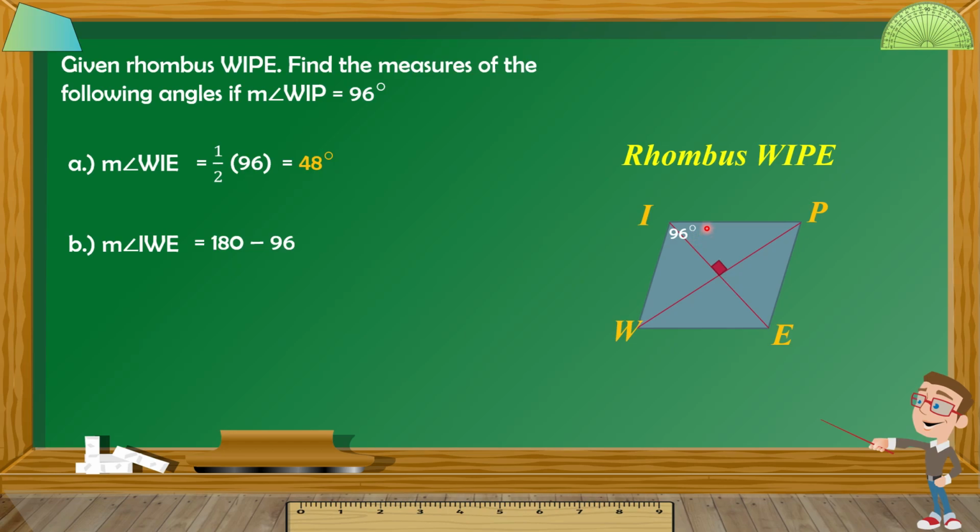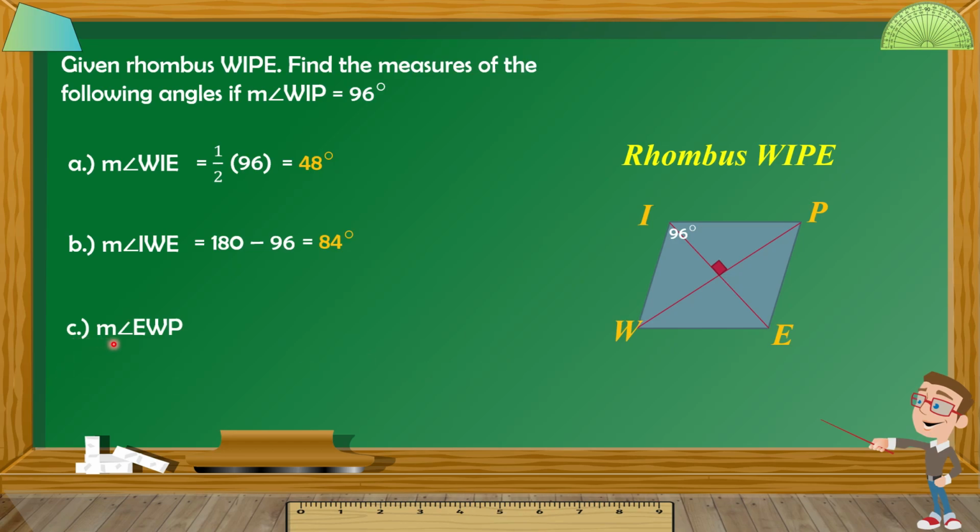Magkatabing angle ay supplementary. Since ito 96 degrees, tong angle I ay katabi niya yung angle W, then they are supplementary. Kapag sinabi na supplementary angles, pinag-add na equal sa 180 degrees yung sum nila. So, gagawin lang natin 180 minus 96, and that is equal to 84 degrees. So, ibig sabihin niyan si angle W ay 84 degrees.